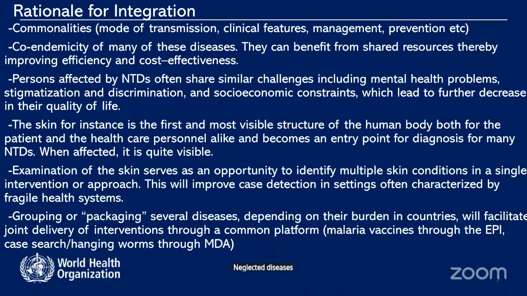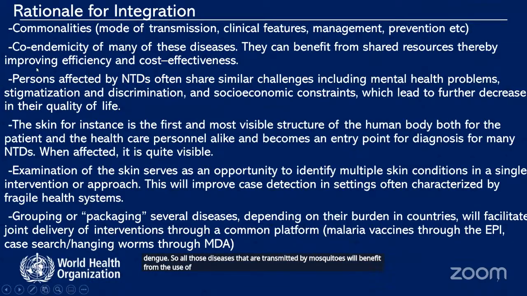And then for prevention, those that are transmitted by mosquitoes, for instance, would be prevented through the use of bed nets. So diseases like lymphatic filariasis, malaria, and dengue, all those diseases that are transmitted by mosquitoes, will benefit from the use of bed nets.